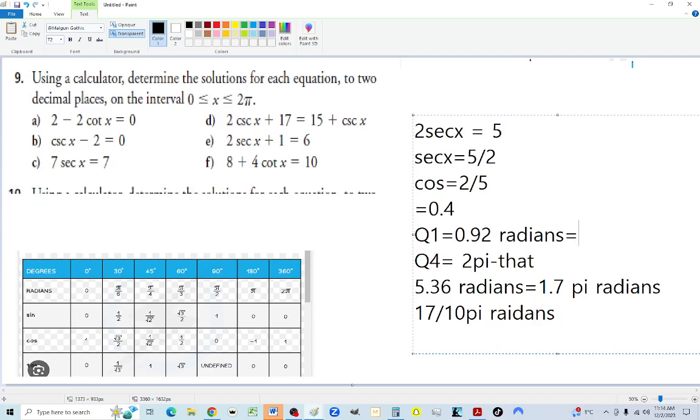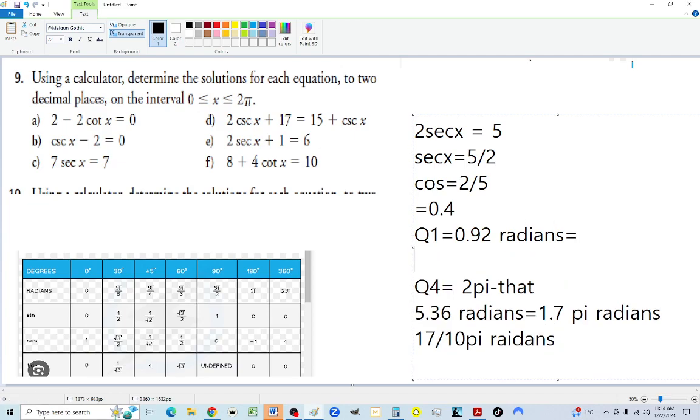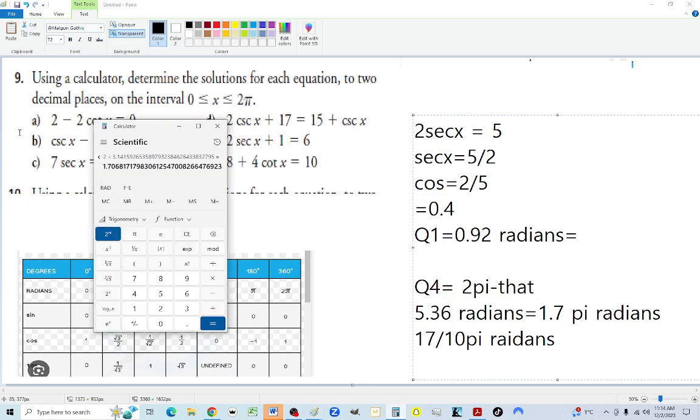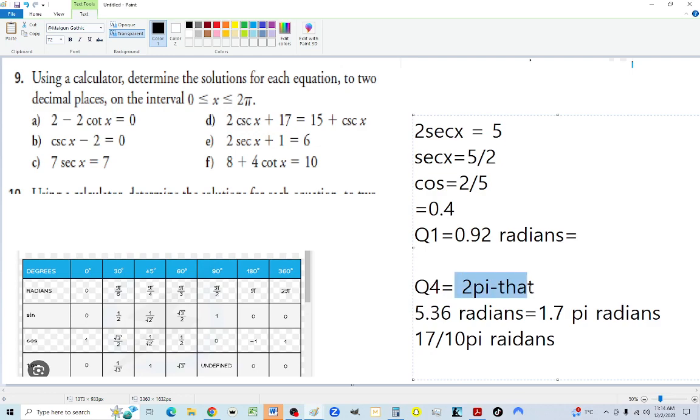If you wanted to do this other one in pi radians, it's this. Or just leave it like this for now. And as you can see, that one's harder as a fraction.